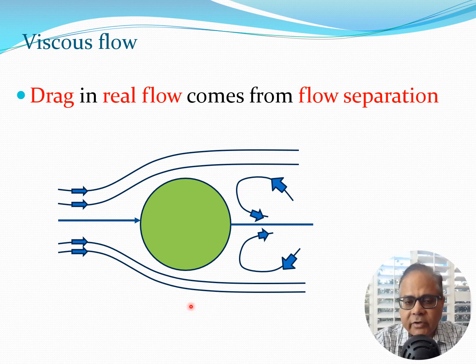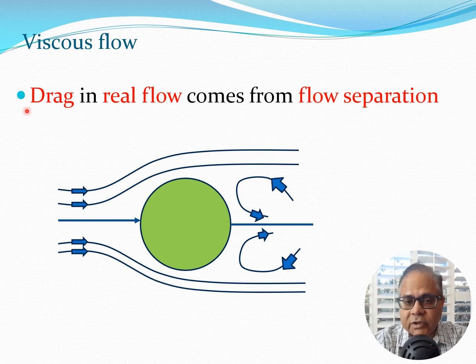Now, what happens in reality is that we have flow separation. So you take a cylinder like this, if you send air over this cylinder, you are going to get some regions behind the cylinder where the flow has separated and there are complex flow patterns out there. So the symmetry between the front and the back sides of the cylinder is essentially removed.